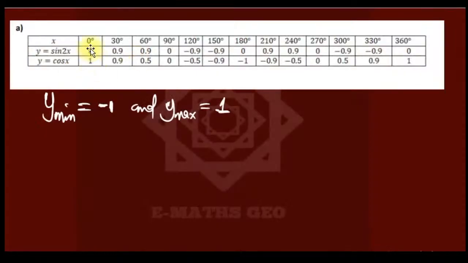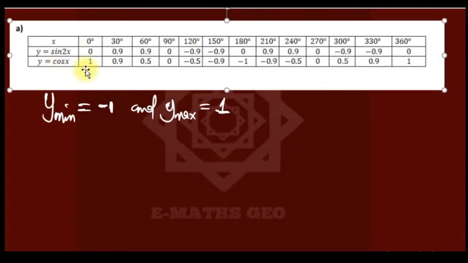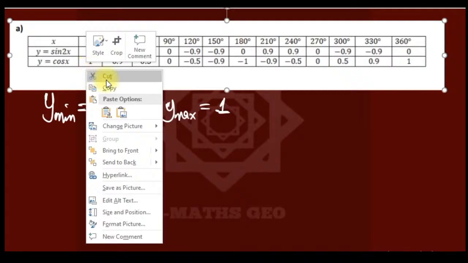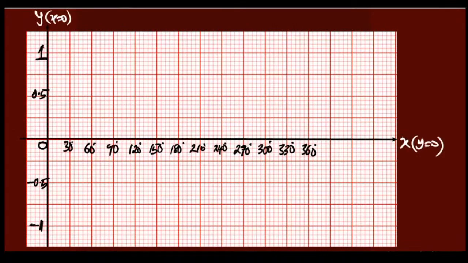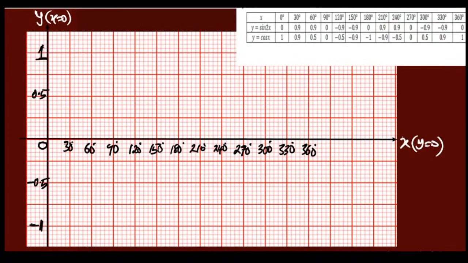Here, when x is 0, y is 0. I'll plot the first one and join before plotting the second one, so that we won't make mistakes. So when x is 0 for the first one, let me just copy and paste the table where you will see it. Okay.